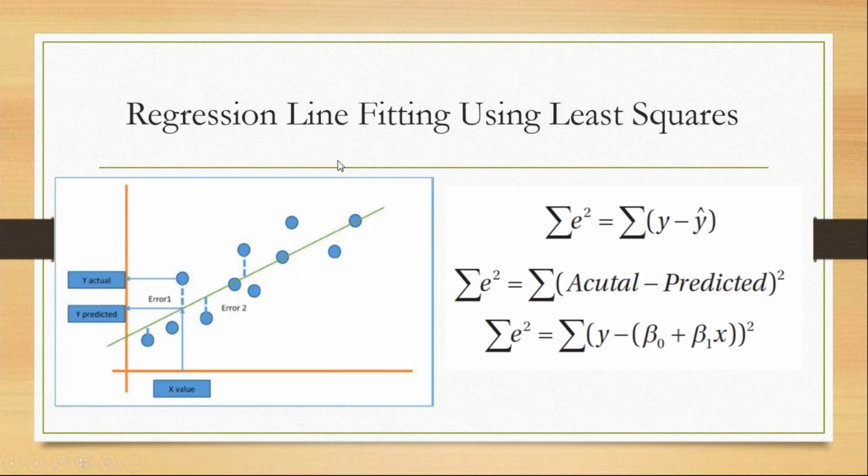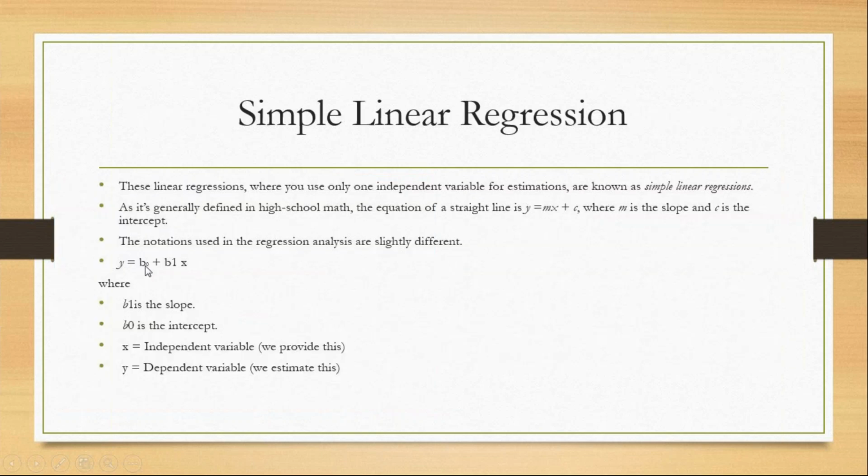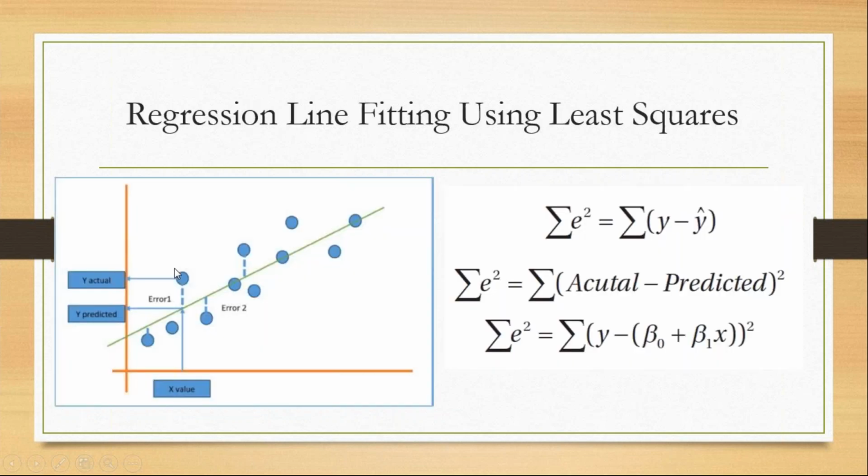Here is the linear regression concept that we have. Our main purpose is to find the values of beta, for example beta naught and beta 1, the intercept and the slope, and to optimize these values, it comes from this equation. Suppose this is my actual and the predicted value.